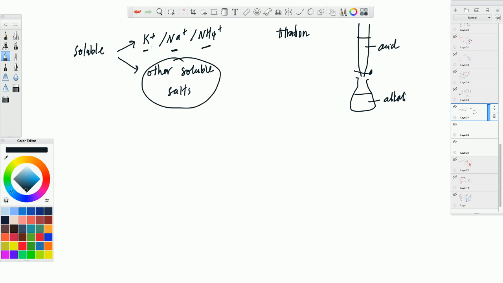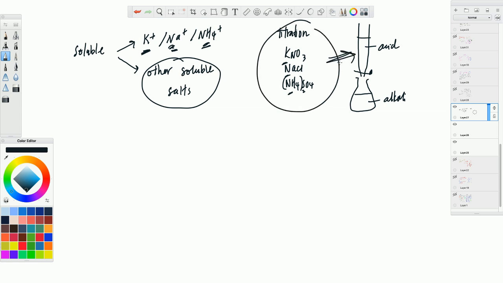So if the question asks you to make potassium nitrate, sodium chloride, ammonium sulfate, any salts that have potassium, sodium, ammonium, you use this method, titration. Okay?